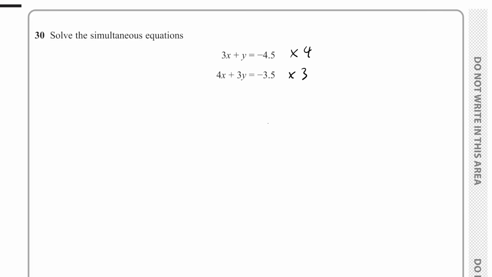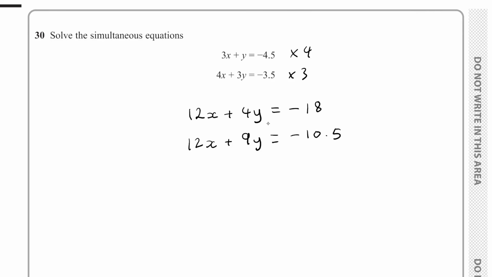So times the top one by 4, the bottom one by 3, so the x's will be the same. So we've got 12x plus 4y equals, negative 4.5 times 4 is negative 18. Times the bottom one by 3, 12x plus 9y, negative 3.5 times 3 is negative 10.5.